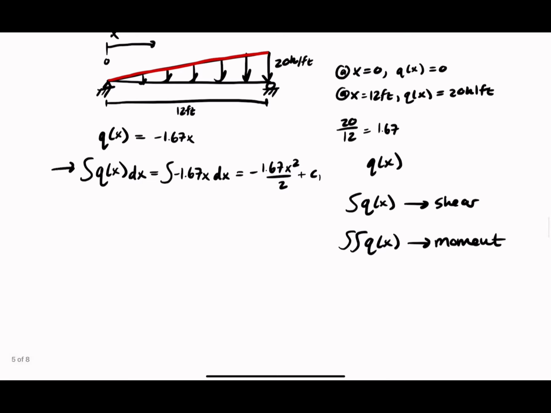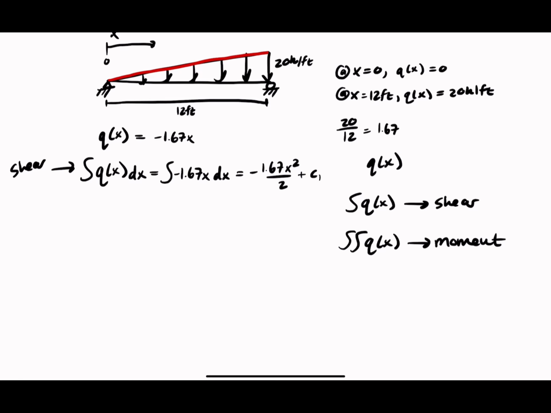What's true about our shear? That's what we need to figure out here. What I should have started with in the beginning was finding our reactions, because that's going to give us information on our boundary conditions and hopefully help us find what the C value should be.